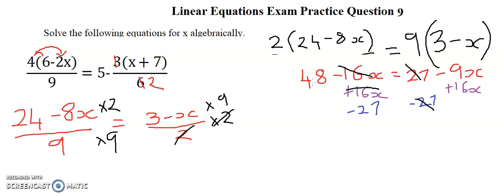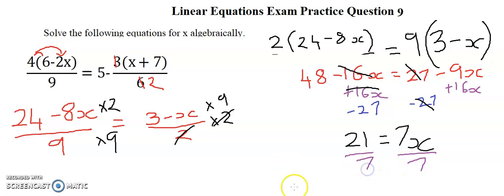So we've got 48 take away 27 is 21. And then I've got 9x plus 16x is 7x. And then I just need to divide both sides by 7 to get x by itself. So x will equal 21 divided by 7 equals 3.